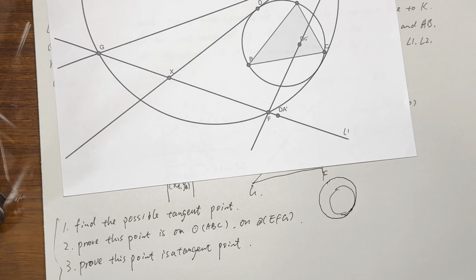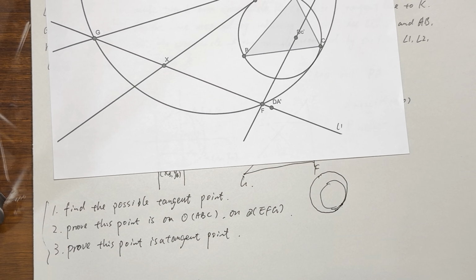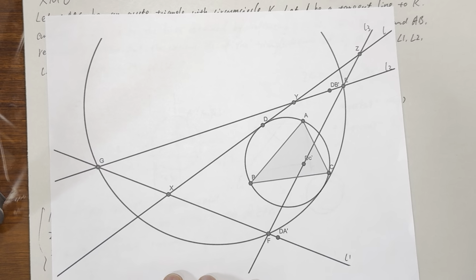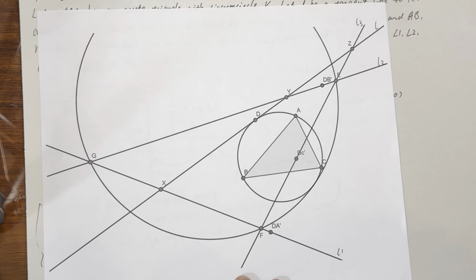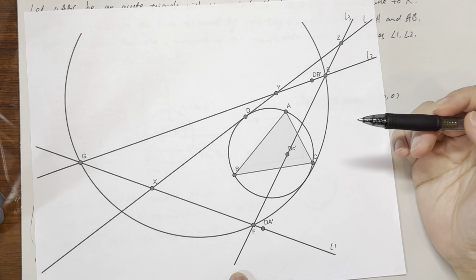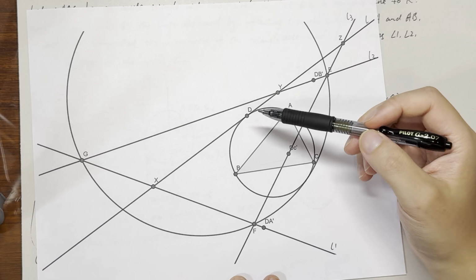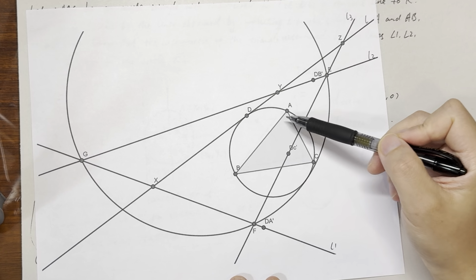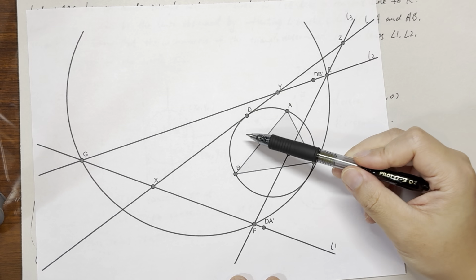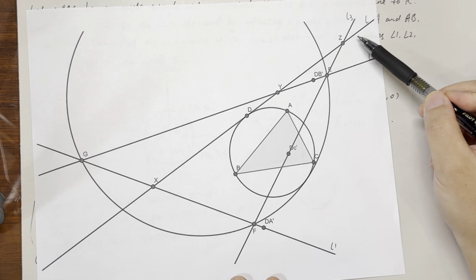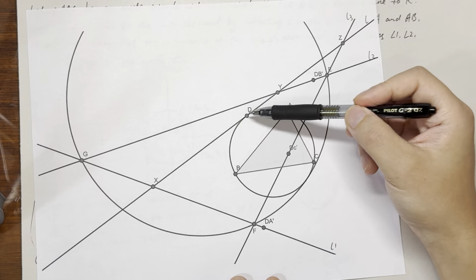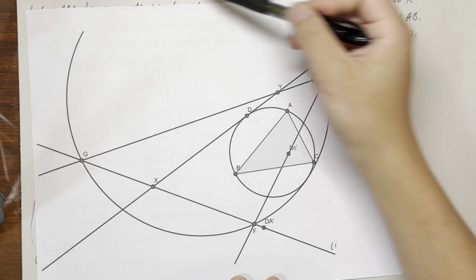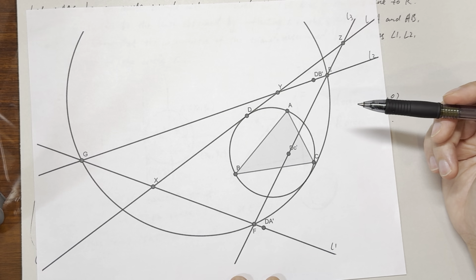We need to find the possible point first. To find that, let's just look at the figure. Think about this figure. What we have from the problem set is that we arbitrarily find a point D on the circumcircle of triangle ABC, and then we draw the tangent line, and then we do the reflecting lines, and then we form another circle, right?